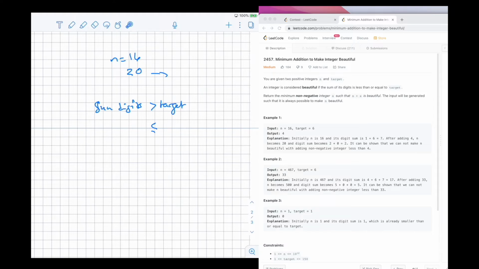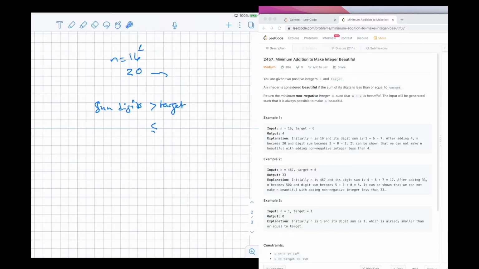And the only way to make it smaller is, we can only add, we can't subtract. So if you add to this 6, you will only make the number bigger, so you'll only make the sum of the digits bigger. So there is no use in adding to the first digit here, right? Because then we'll only increase the sum of the digits, and that will make it even bigger than target.